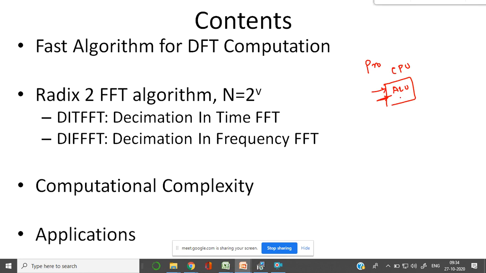What is the purpose of this arithmetic and logic unit? It mainly performs addition, subtraction, and logical operations in the CPU itself. So if more and more additions and subtractions are involved, then automatically the CPU will consume more time to perform the calculations.